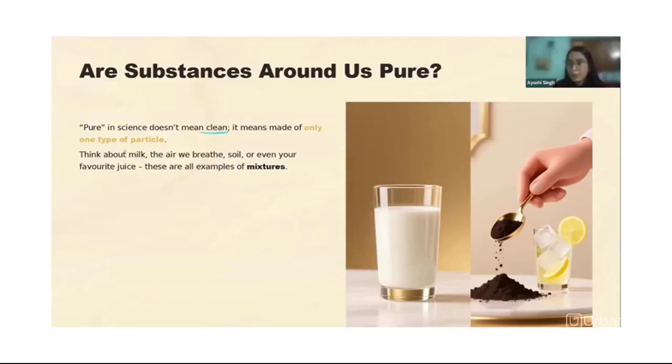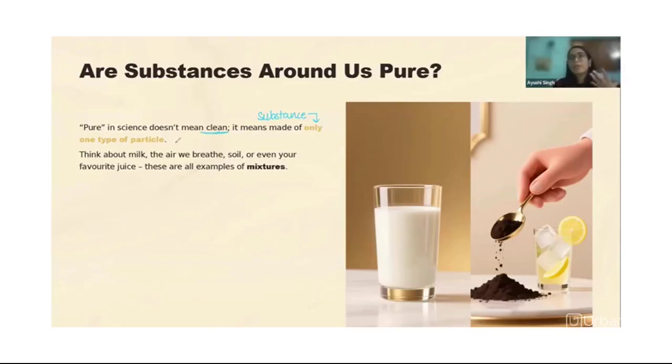What exactly pure means in science is that whatever we are talking about, let's say a substance, is made up of only one type of particle. For example, if you are eating a mixture, in our day-to-day life we expect it to be pure and clean. But in science, a mixture isn't going to be pure.